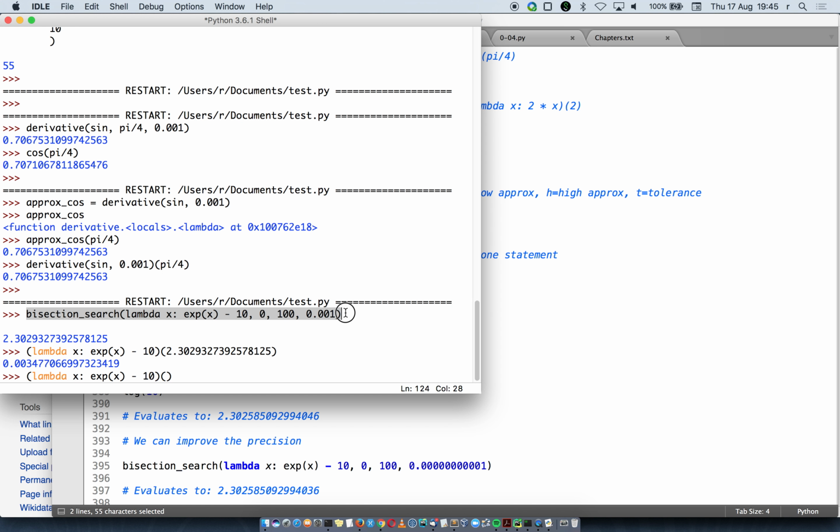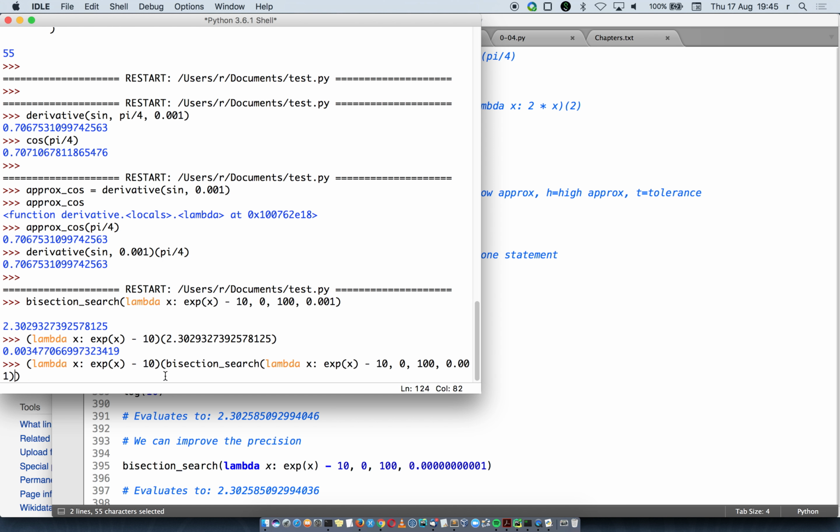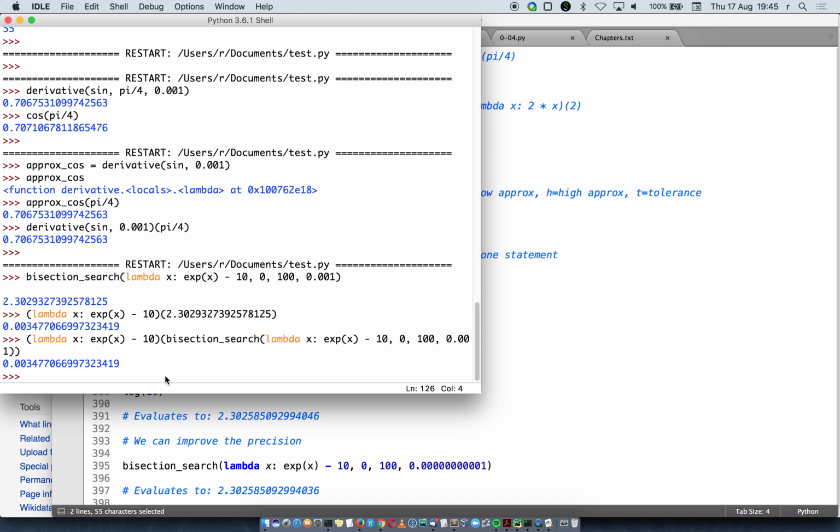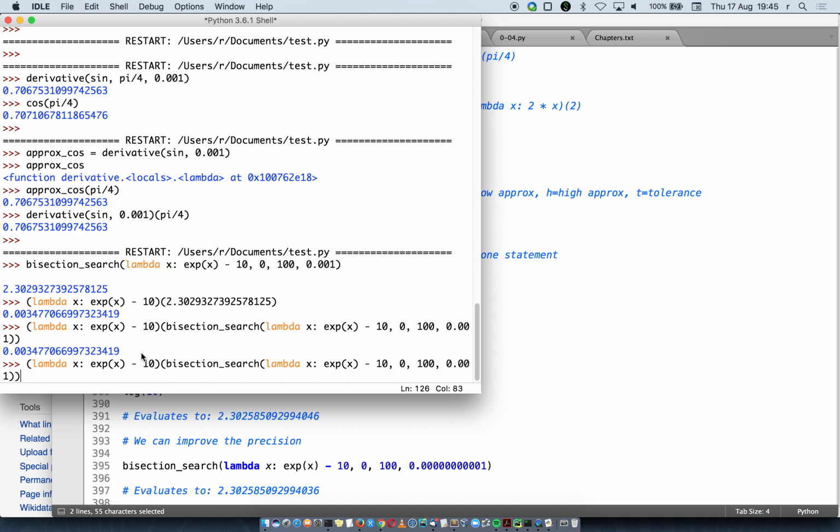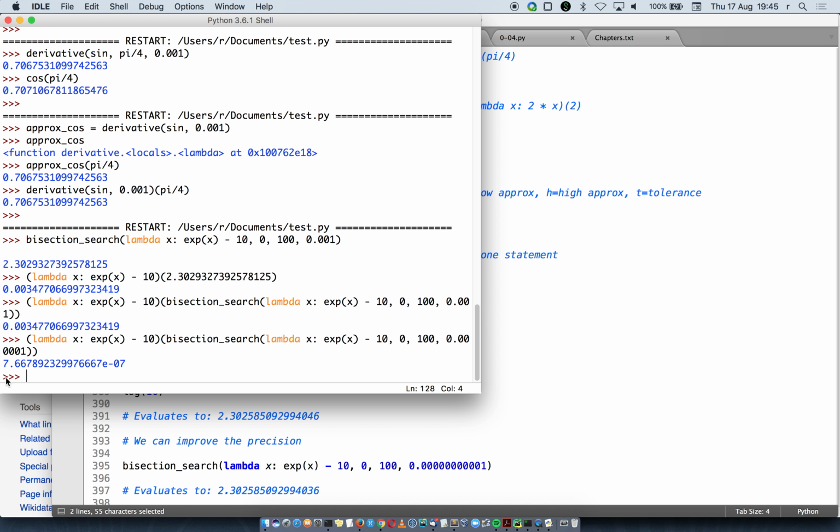And one thing I would like you to see is if we play with the tolerance, right, that we get better and better, right? So we get the same thing because what we've done is this was the result of this, right? So we just put the expression inside the brackets and we're getting the same thing. But now, because I have this expression, I can go here and play with the tolerance. So I'm going to make the tolerance a bit smaller, right?